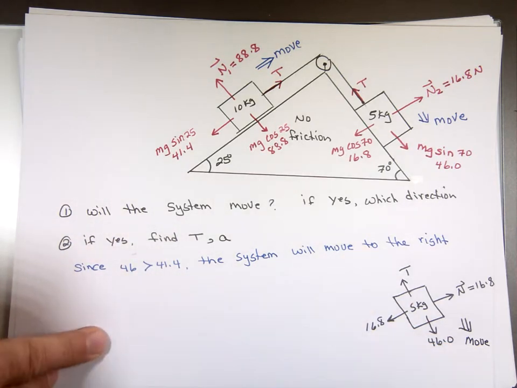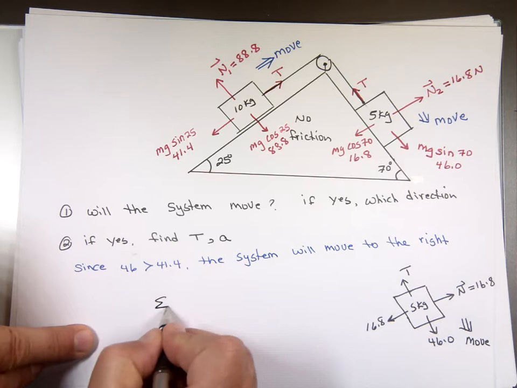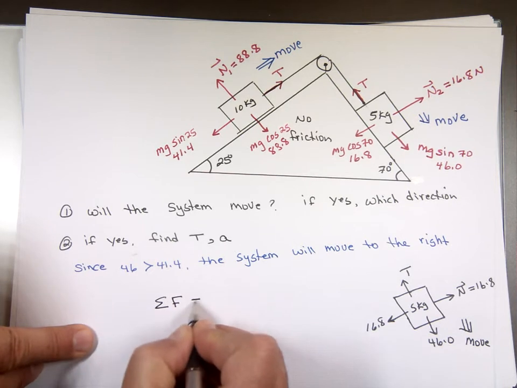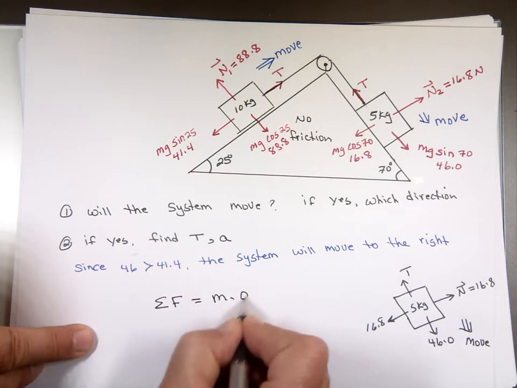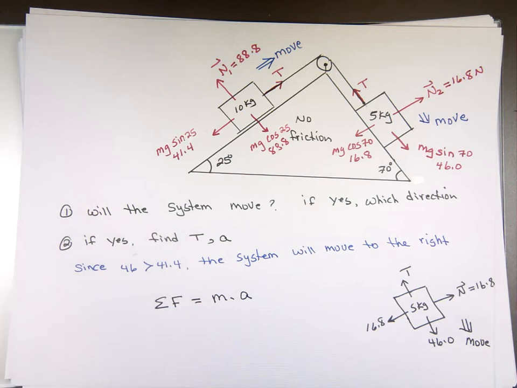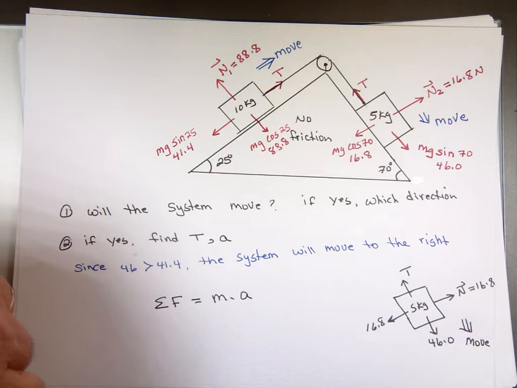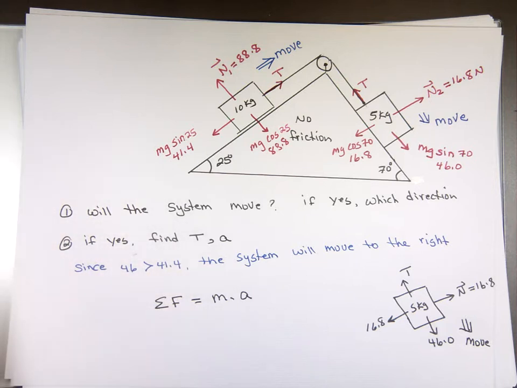Because Newton says if you move, there's a net force equal to mass times acceleration. What is it?